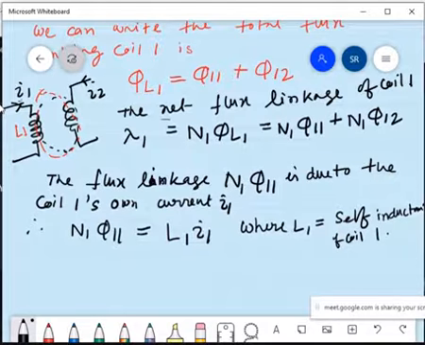Now the second term. What is the second term? N1 phi 1 2.